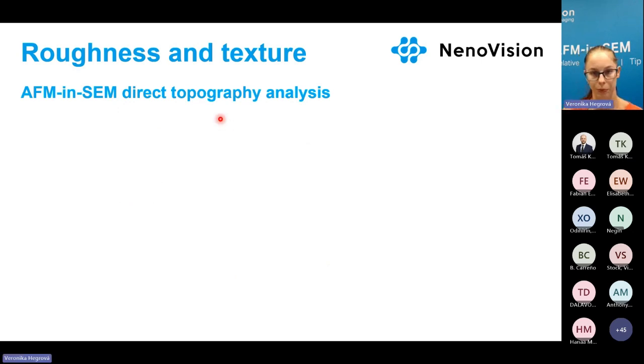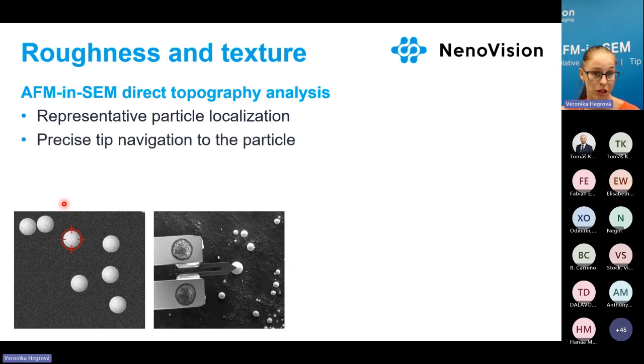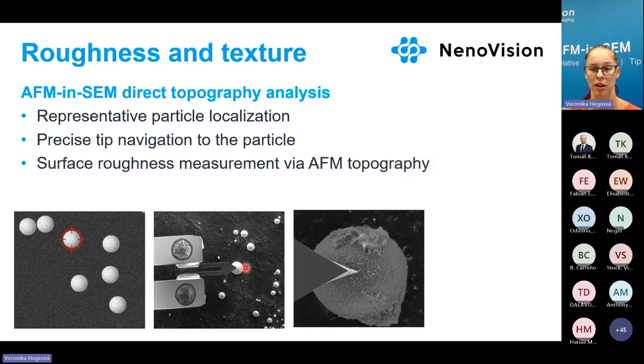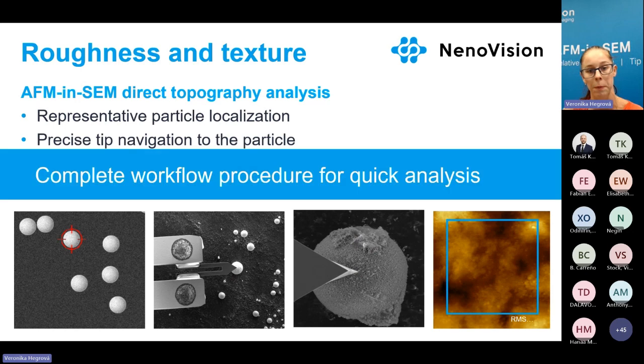And so I have one more time, and this time the actual sample which we measured. We chose the particle, we navigated to the particle, we approached and measured the topography to obtain the surface roughness, and then we calculated it.